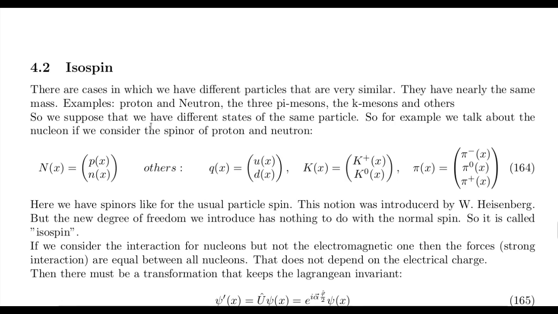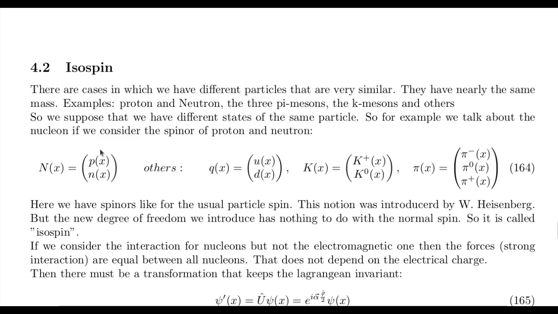If we talk about protons and neutrons, we talk about a nucleon. A nucleon can have 2 states, the proton and the neutron state. Others are, for example, the up and down quark, or the K mesons, kaons, or the pi mesons, pions. Here we have 3 particles.